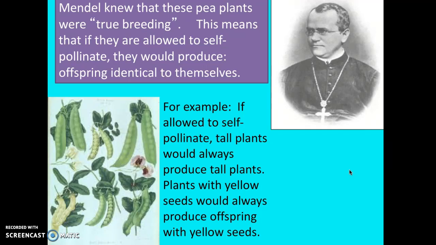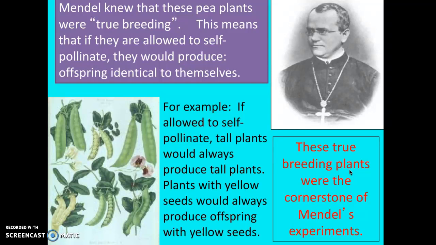All yellow seeds would produce yellow seeds, all short plants would produce short plants, so on and so forth. So the parents are going to be exactly the same. If you don't understand true breeding plants, you're not really going to be able to discover everything that Mendel really understood.